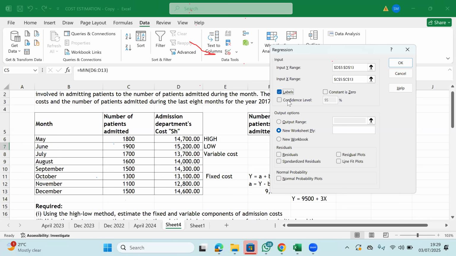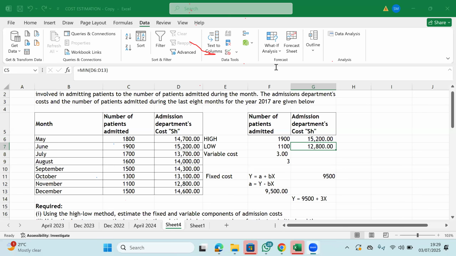Then again, there may be instances where you are told that your confidence level should be a particular percentage. For the questions I've seen, usually the confidence level is at 95, unless otherwise stated.